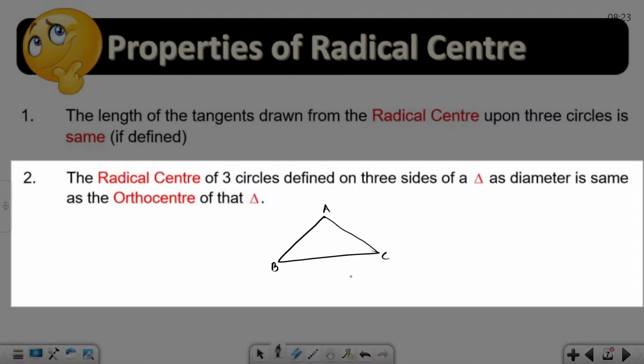The property states that the radical center and the orthocenter for the triangle ABC are one and the same point. Is it clear? What is the orthocenter? If you draw perpendiculars from each vertex to the opposite side, they are going to meet at a point which is called your orthocenter. Am I correct?